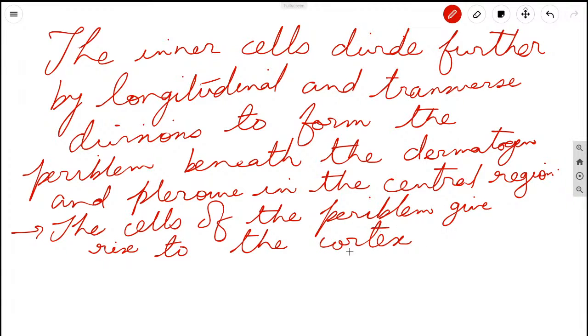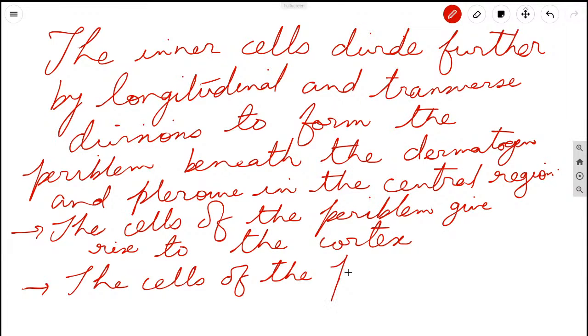These two sentences are very important. And the cells of the plerome form the stele, give rise to stele.